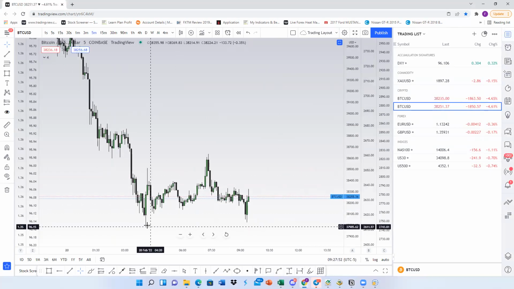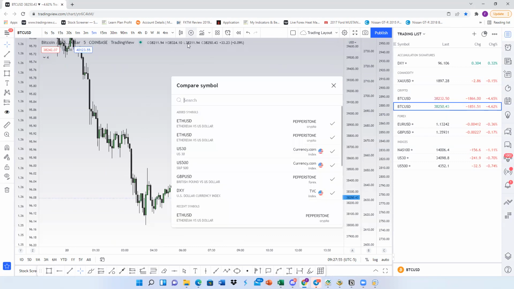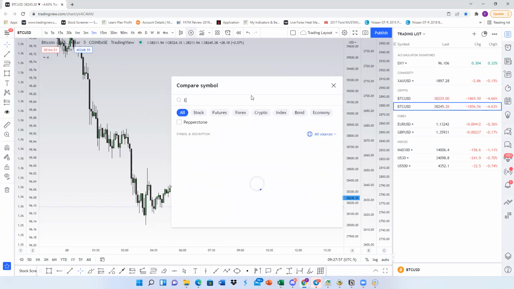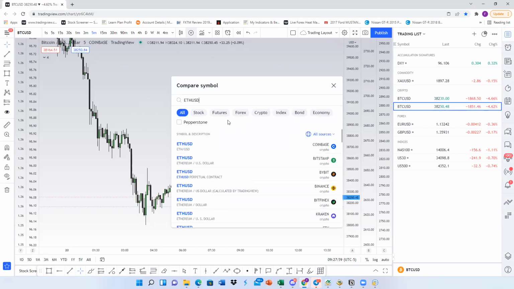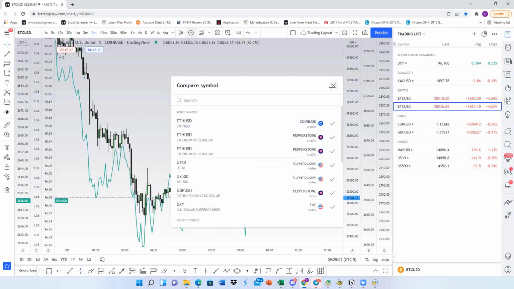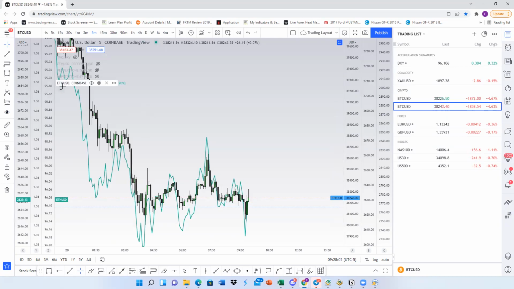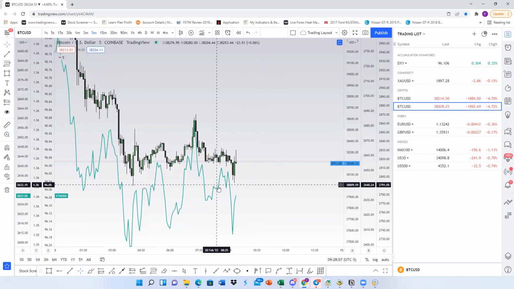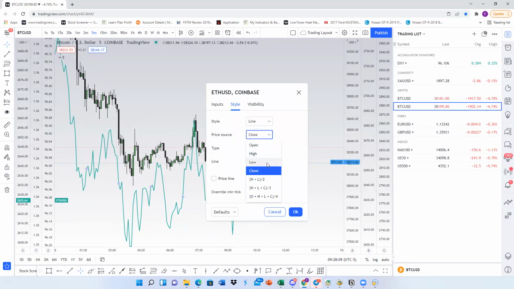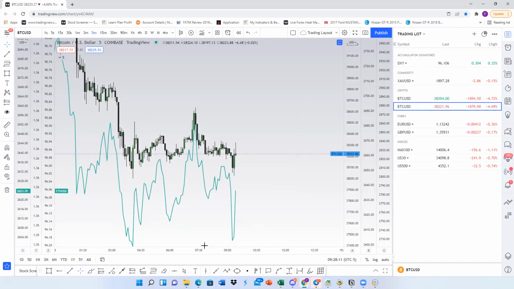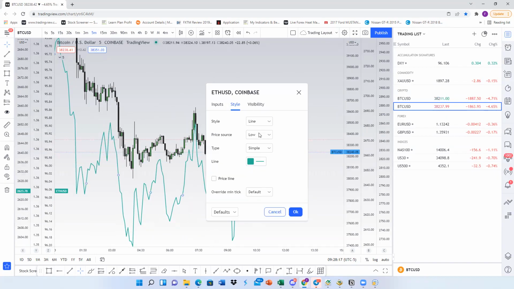So what I'll do now is look at Ethereum at Coinbase. What happened to Ethereum? Did Ethereum take out a low? No. Low, high, low, low, high, low. So there's nothing, right? Now let's look at the highs.